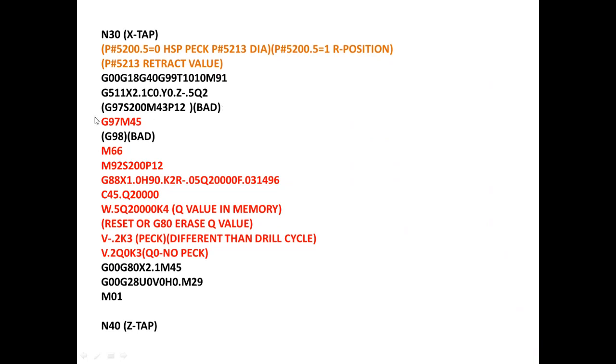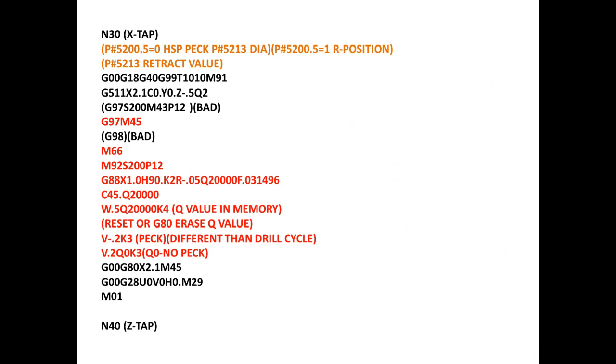You program, but the G88 cycle is doing nothing. In many cases the customer or the programmer rotates the spindle. So for any tapping cycle, the live tool tapping or even spindle tapping, we like to stop the spindle, either M45 or in the Mitsubishi control S3 equals 0.